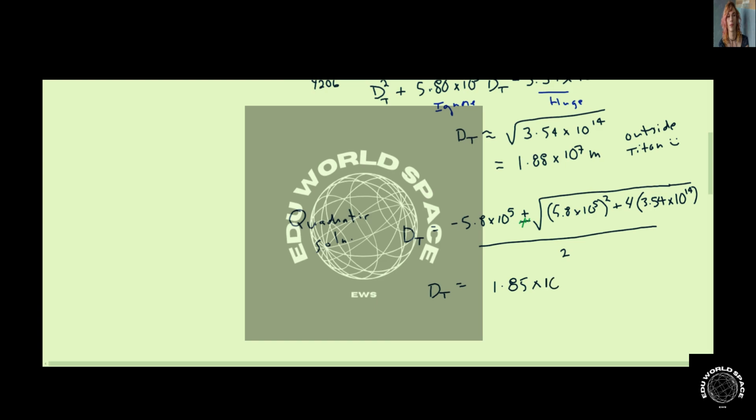It's times 10 to the, it's roughly close to our first approximation. And so there is a solution, and happiness that Cassini will not have to crash onto the surface of Titan.